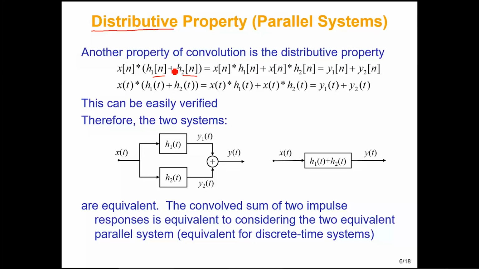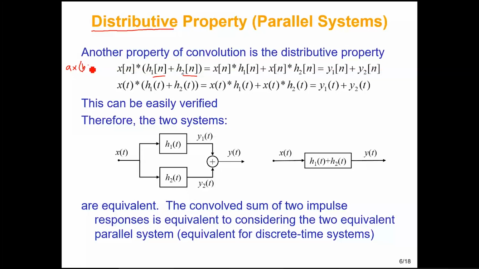Either we add these two together and then convolve with x of n, or we convolve x of n with h1, convolve x of n with h2, and then add them together. It is going to give us the same result. This is known as the distributive property.